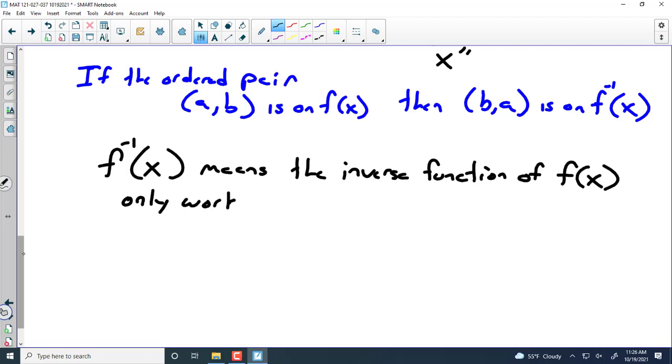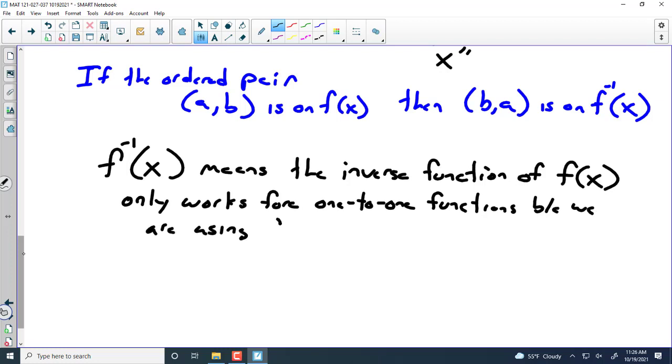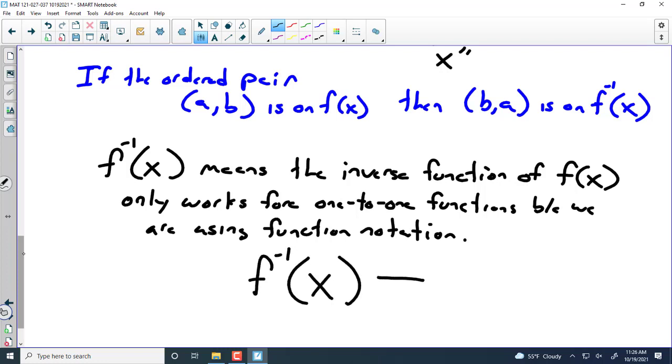Only works for one-to-one functions because we are using function notation. And I know a -1 power usually means put it on the bottom, but that's not what it means in this case. That does not mean put it on the bottom. What it means is that it is the inverse.